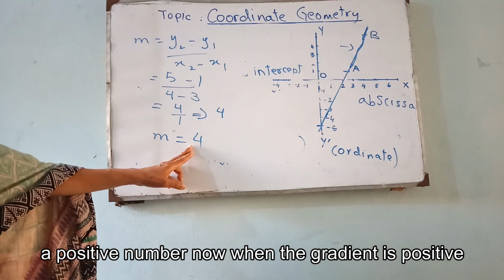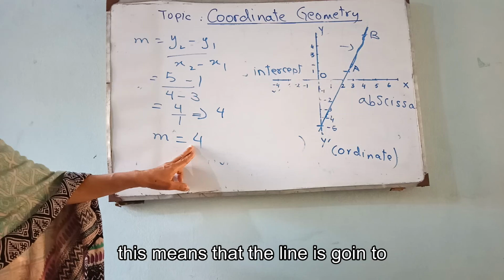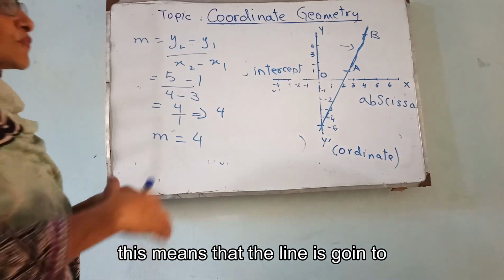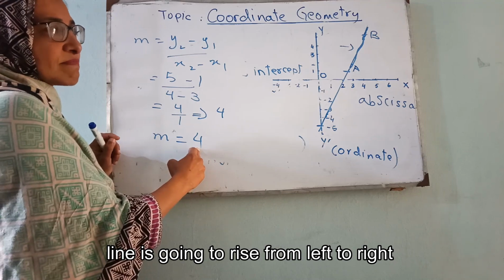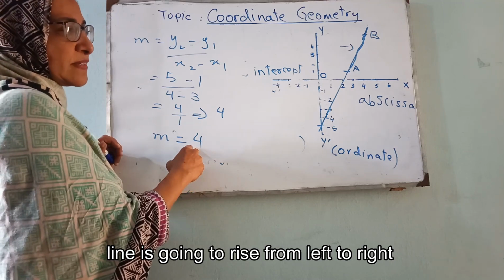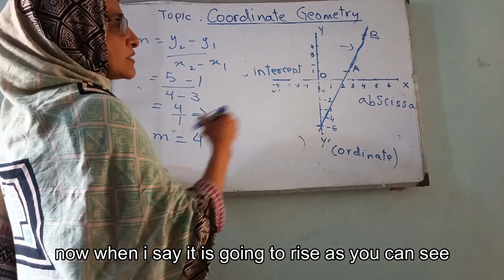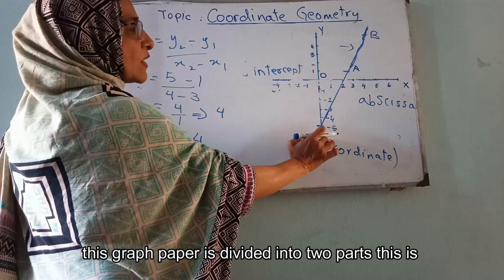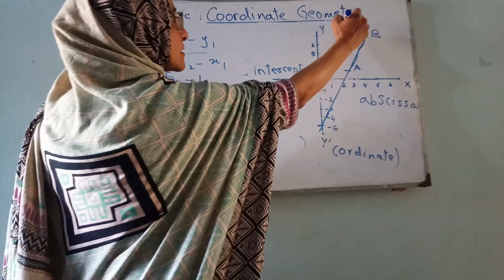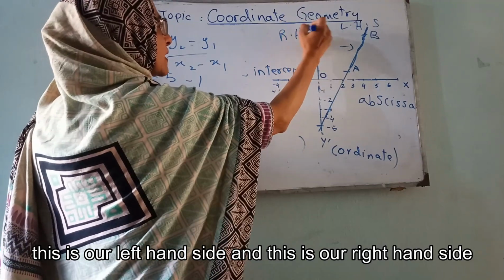When the gradient is positive, this means that the line is going to rise from left to right. As you can see, this graph paper is divided into two parts. This is our left hand side and this is our right hand side.